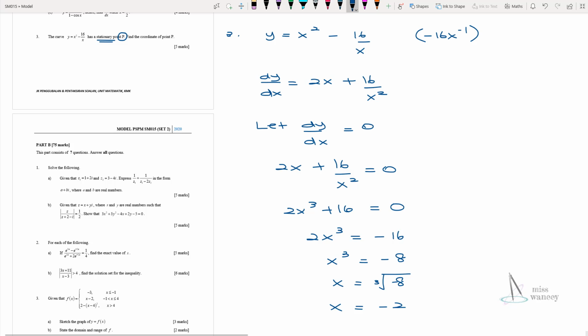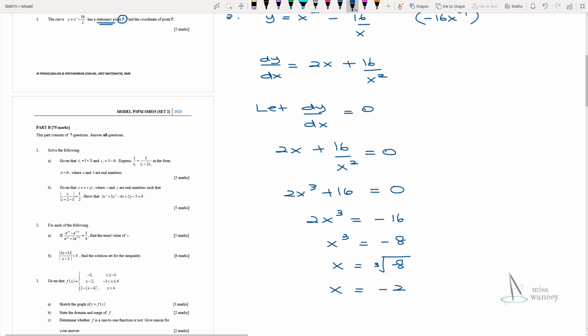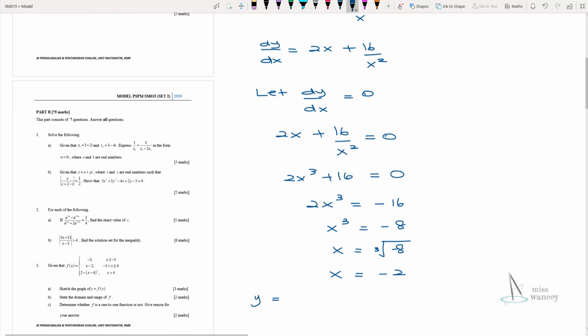Okay, once we know the value of x, we can find out the value of y. So y is equal to x cubed. X cubed or x squared? X squared. Oh, x squared. Okay. So negative 2 squared minus 16 over x.